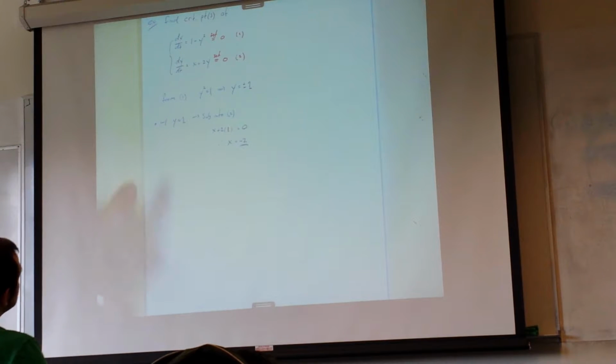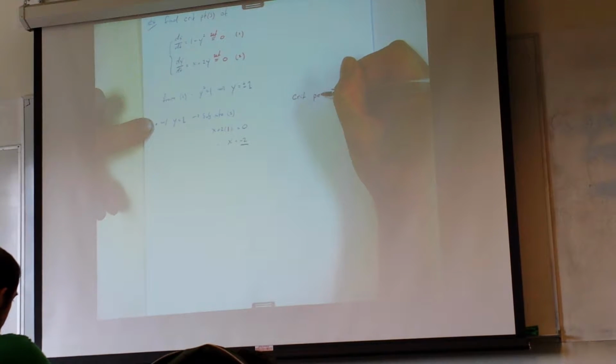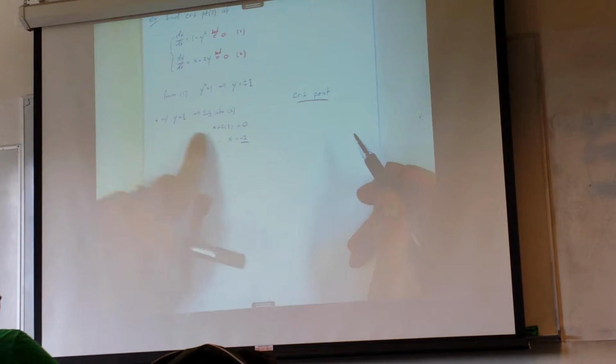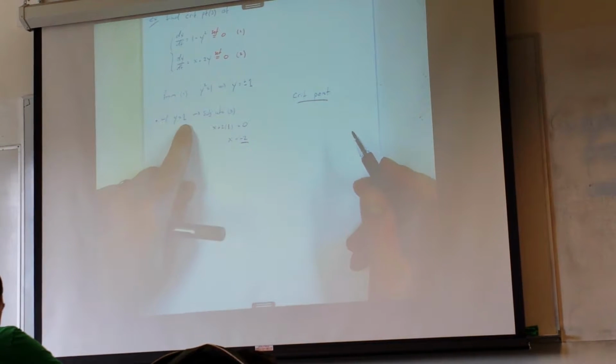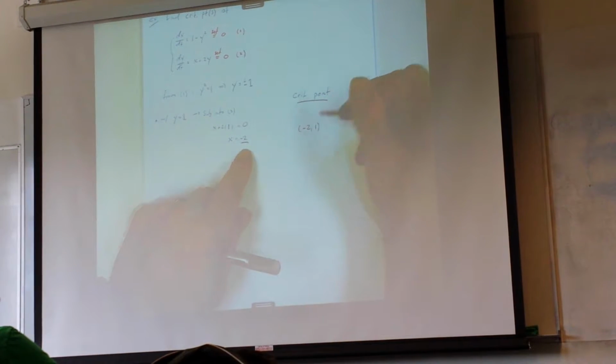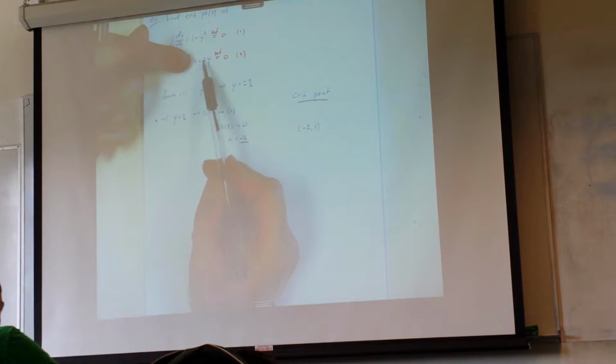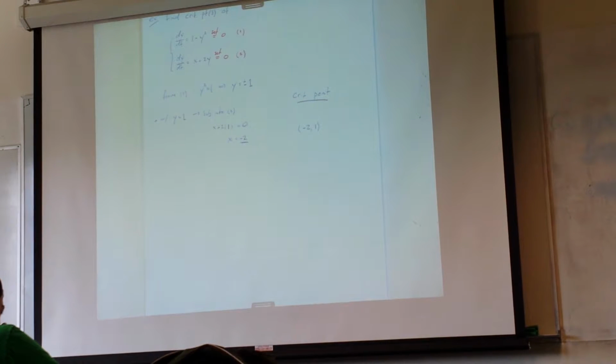We're going to take care of these one at a time. So with y equals 1, over here I'm just going to make a column of the critical points that we find. The ordered pair is negative 2, 1. And you can see if you put negative 2, 1 in here, of course this doesn't depend on x, just put 1 in there, you get both of them equal to 0.